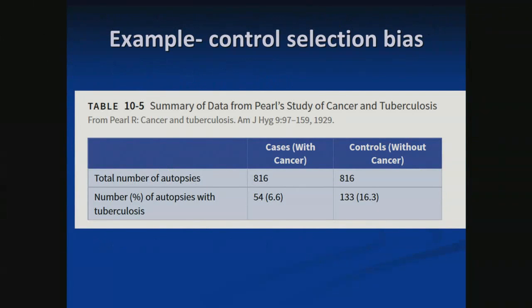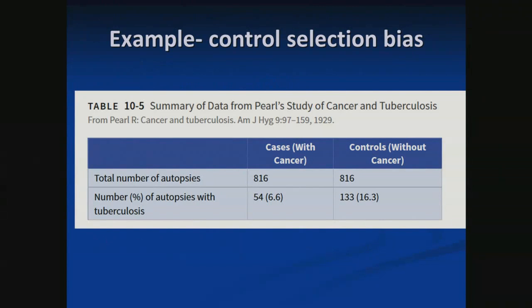case control issue where there was a massive control selection bias occurred in 1929. This was a study done by Pearl and others, and they were looking at the association between TB and cancer. So does TB affect the prevalence of cancer, or I won't use the term incidence because it's case control, but is TB a risk factor for cancer?